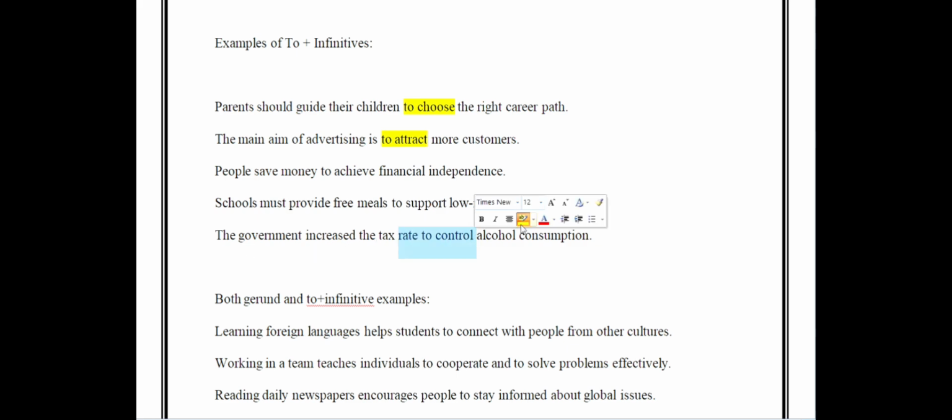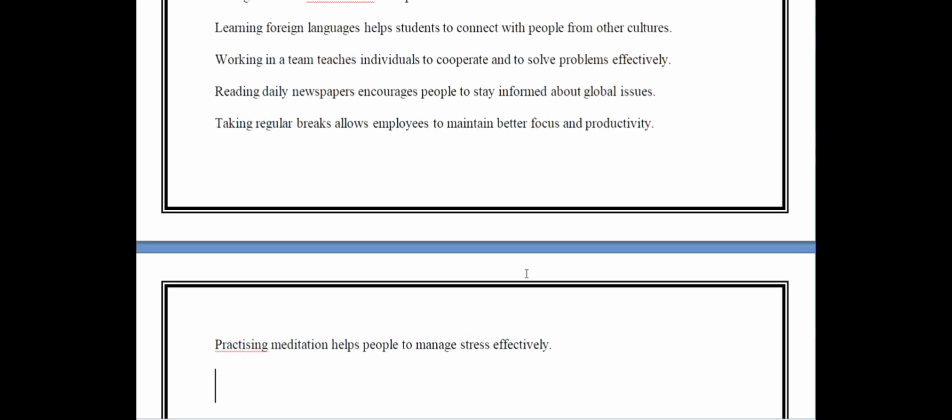The government increased the tax rate to control alcohol consumption. Right. Now the combination sentences. Learning foreign languages helps students to connect with people from other cultures. Let's break it again.